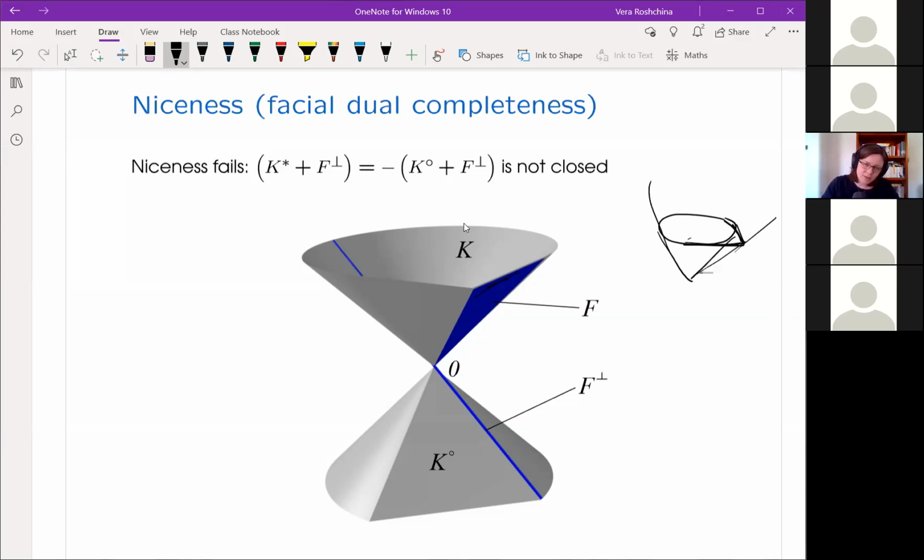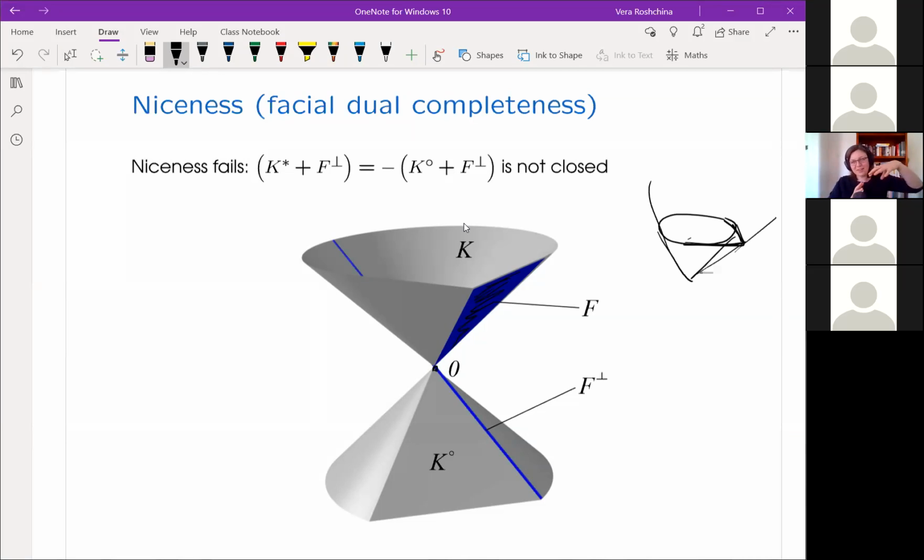So if I take a 2-dimensional face like this, then I take its orthogonal complement and I add it to the polar of this cone or the dual of this cone, then the sum is not going to be closed. And by summing in convex analysis, we always take sums of individual points on both objects. So if I add every point on this line, on this orthogonal complement, to this dual cone, then the resulting object is not going to be closed.